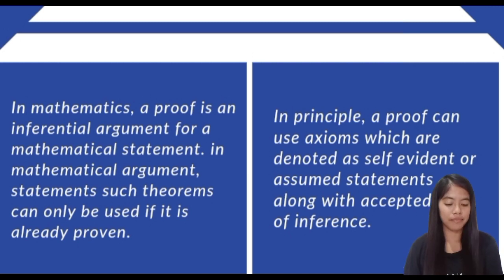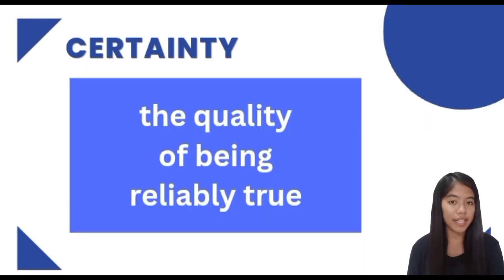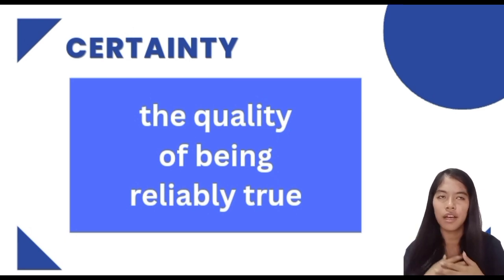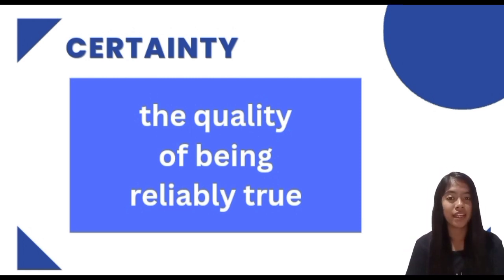What is certainty? Certainty is the quality of being reliably true. It is the state of being definite or of having no doubts at all about something. We know that the need for certainty is inherited from the ancient past and it's religiously motivated.